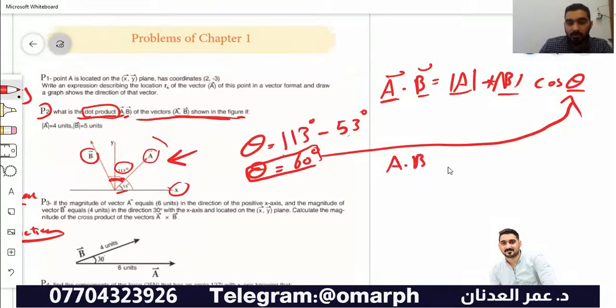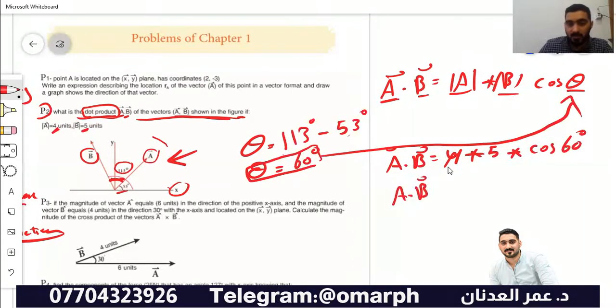Therefore, A dot B vectors equal A, which is 4 units, times B, which is 5 units, times cosine 60 degrees.